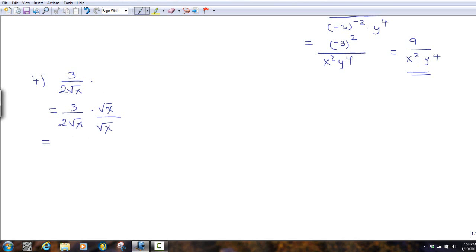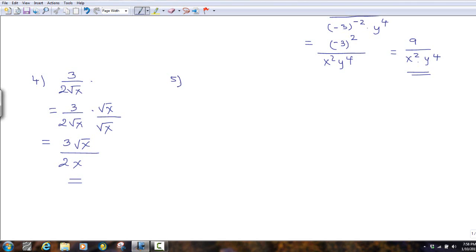But when I multiply the numerator by square root of x, I have 3 times square root of x, and in the denominator I have 2 times square root of x times square root of x, which is just x, and now in the denominator there is no radical sign, so the denominator has been rationalized. Okay, so this is how we rationalize the denominator.